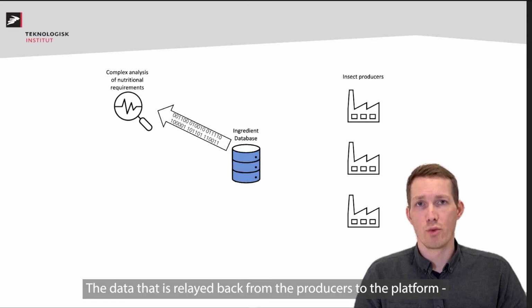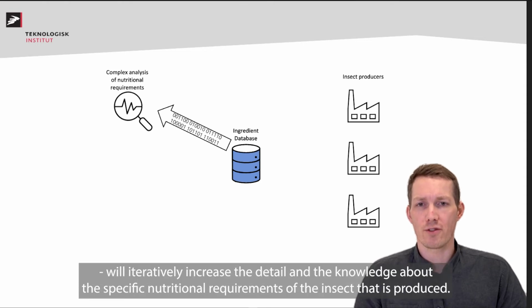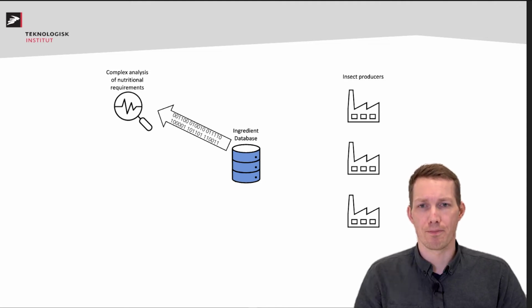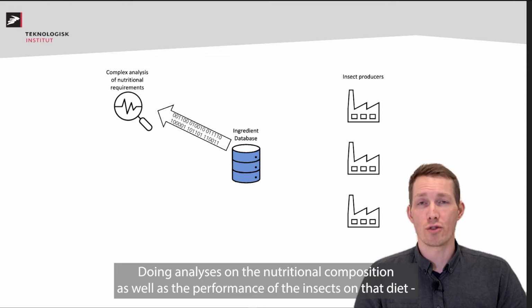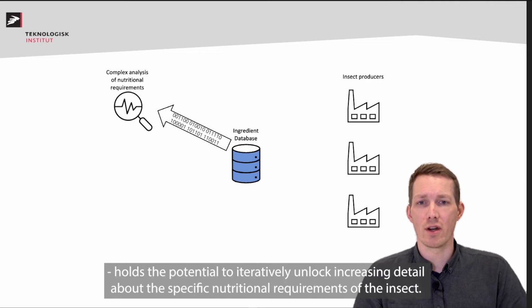The data that is relayed back from the producers to the platform will iteratively increase the detail and the knowledge about the specific nutritional requirements of the insect that is produced. Doing analyses on the nutritional composition as well as the performance of the insects on that diet holds the potential to iteratively unlock increasing detail about the specific nutritional requirements of the insects.